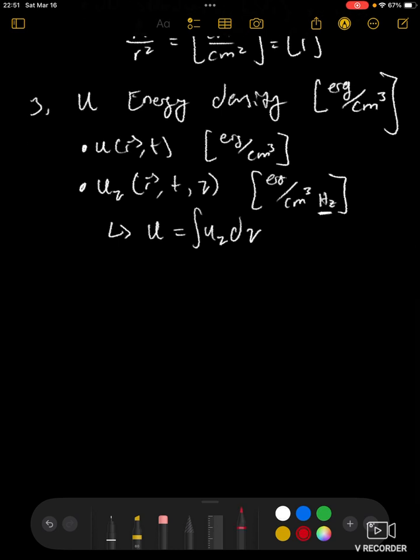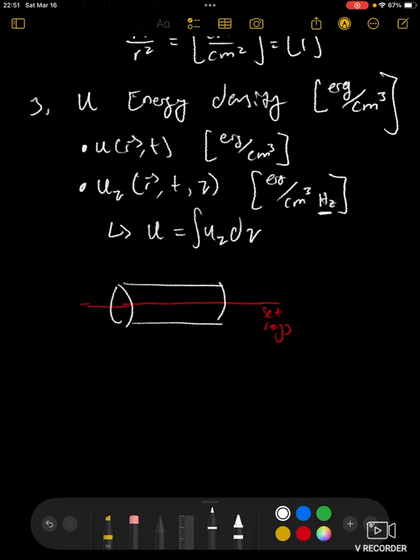Anyhow, let's say that there is a bundle of rays, or a set of rays that are completely straight. And we take some cylinder over this, and then the solid angle as well, of course.